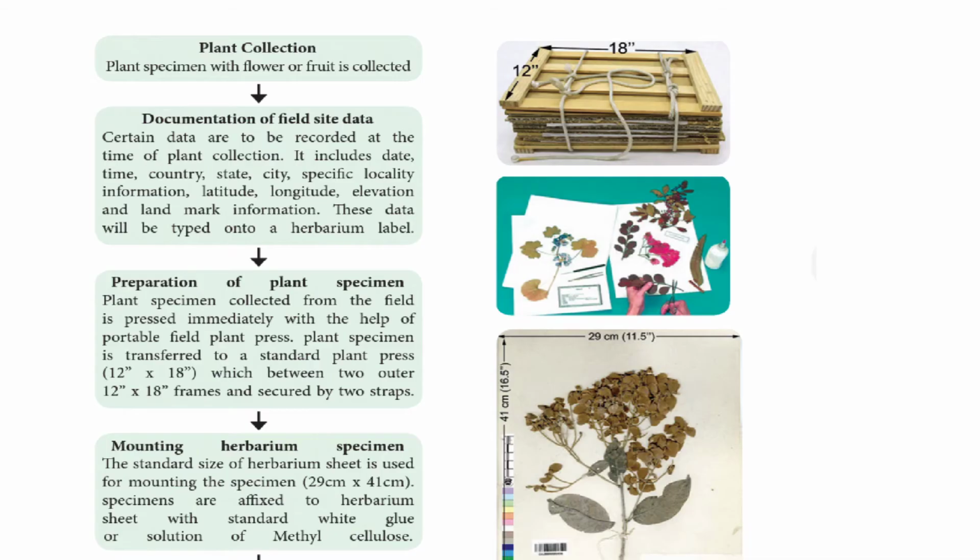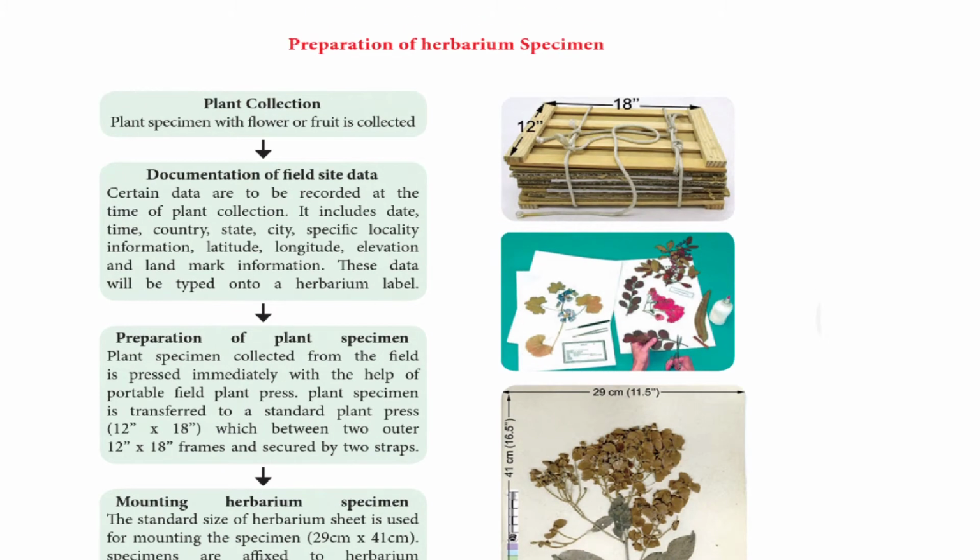You can see here, first is the plant collection. A plant specimen with flower or fruit is collected. The second point is documentation of field site data. Certain data has to be recorded at the time of plant collection.